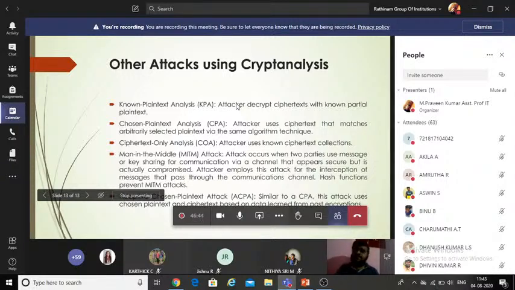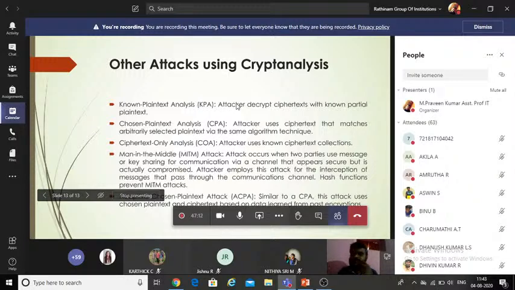So next, other attacks using cryptanalysis. What are the other attacks? Known plain text analysis, chosen plain text analysis, ciphertext only analysis. In the last class itself we said known plain text means I have certain plain text. For example, now my class is over, so Praveen will send data regarding my class.